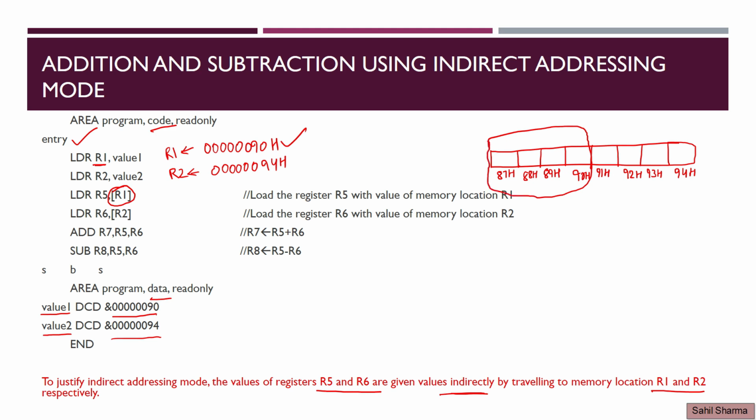So suppose I have value of 10 here, and at 94H location, that is R2, I have value 20. So these values will be used for addition purpose. So R7 will become 10 plus 20H, which means 30H, and R8 will become 10 minus 20H.